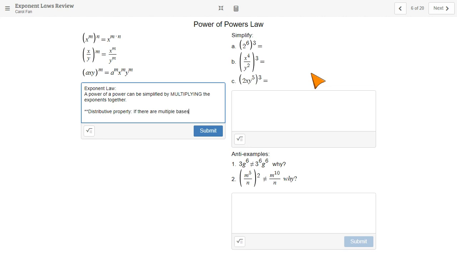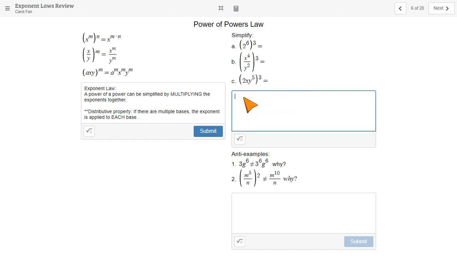Multiple bases. So when I say the exponent is applied to each base, you could also say the exponent is distributed to each of the bases.